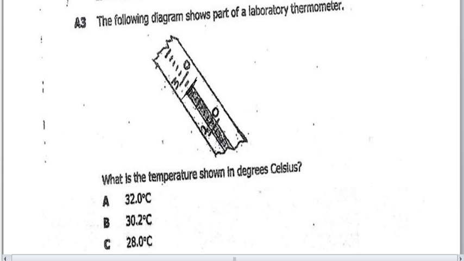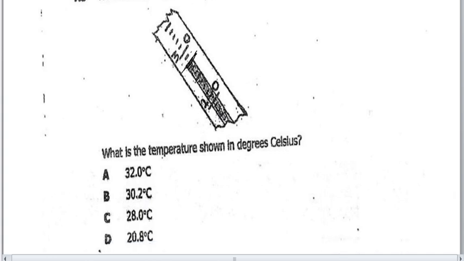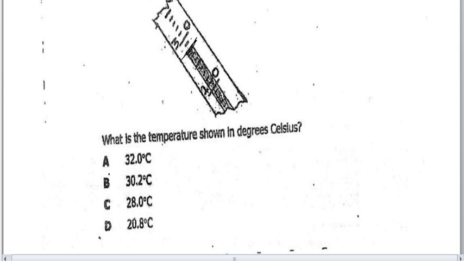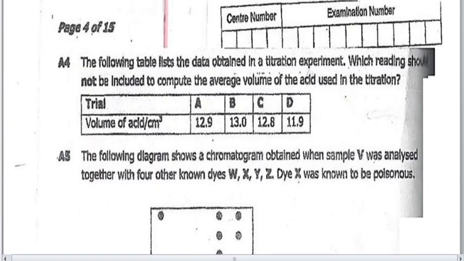So if we check there, this is 20, then that is 30. If we go downwards, this will be 29, then this will be 28. So the reading there is actually 28 degrees Celsius. So the answer is answer choice C, 28 degrees Celsius.